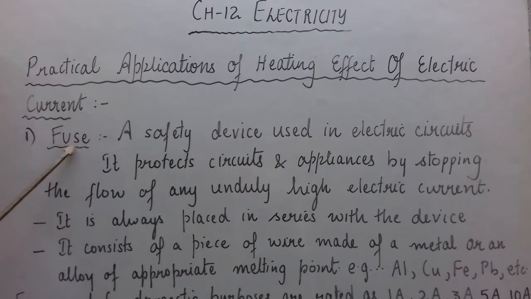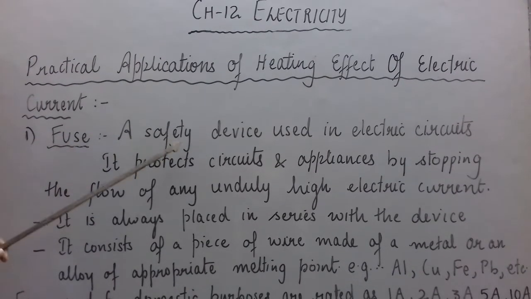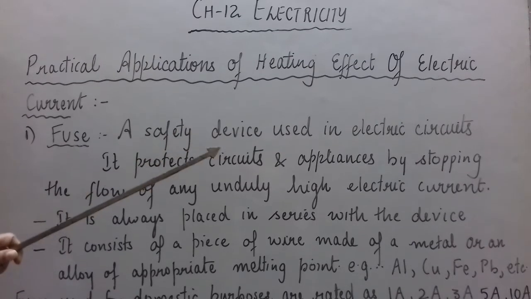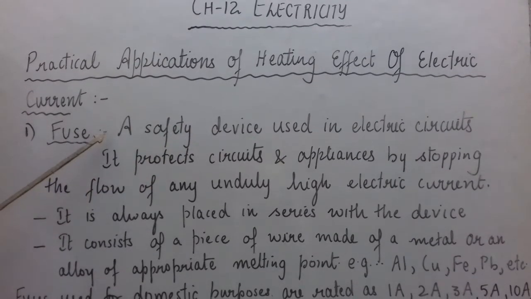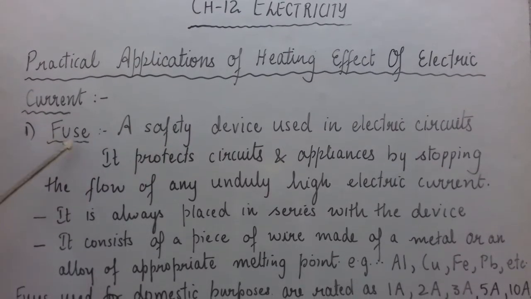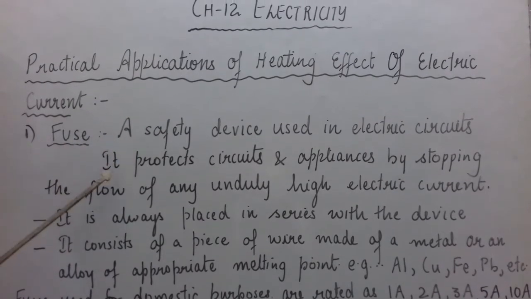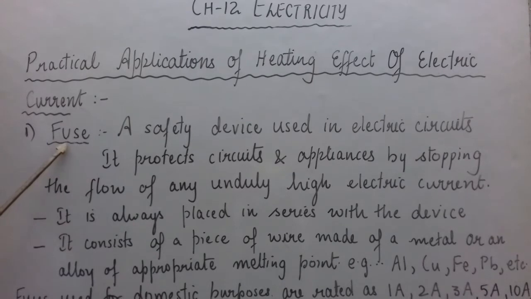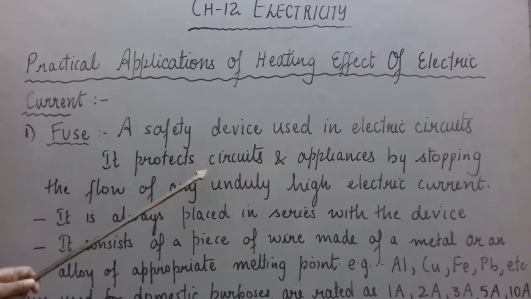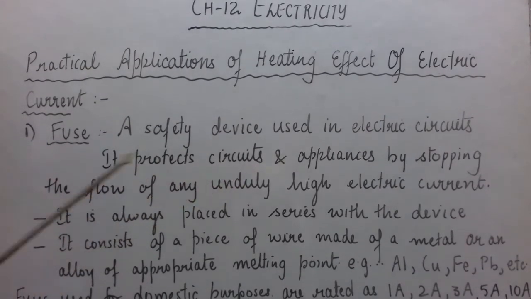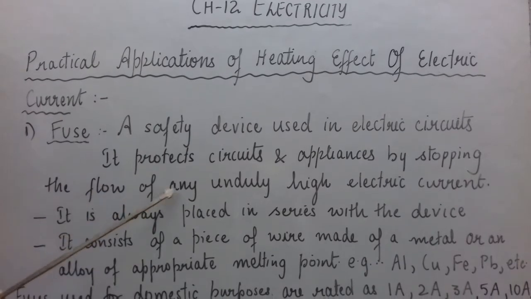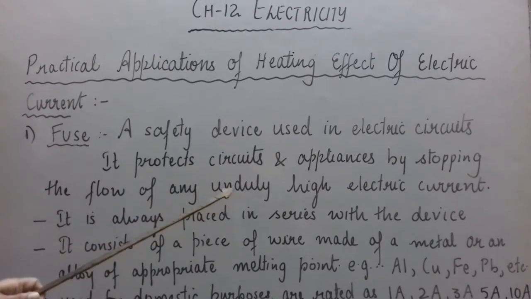So let us see the fuse here. It is a safety device used in electric circuits, and in the next chapter you will also see that it is a safety device which is used in domestic electric circuits. Now what is its purpose? It protects circuits and appliances by stopping the flow of any unduly high electric current.